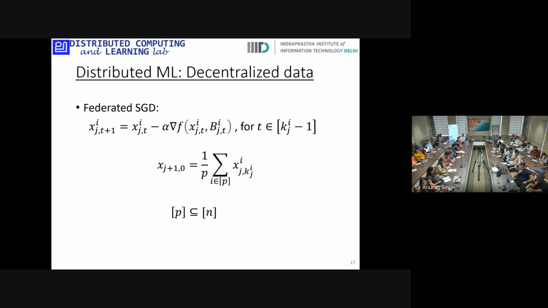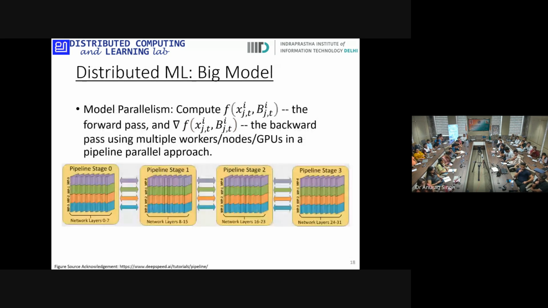And federated I already talked about, right? I'm not going into the notations, but the idea is similar to local SGD, where you have multiple nodes. And then, as was said in the morning, model parallelism. Now you see, even computing this one, it was said that even with half precision, you just cannot compute over one GPU. Then layer-wise, you compute over multiple GPUs.